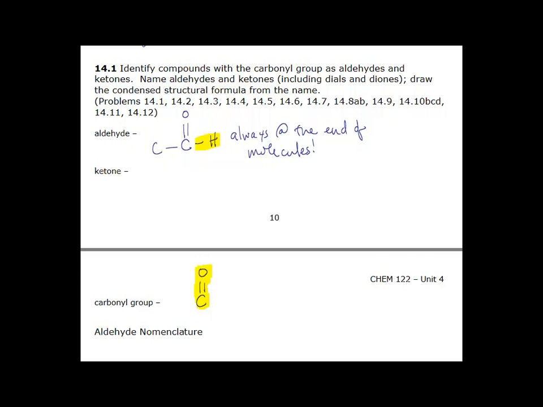Now a ketone, on the other hand, is a C double bond O, so carbonyl, sandwiched between two carbons. So a ketone is always in the middle. So keep that in mind. So both an aldehyde and ketone have carbonyl groups. So the carbonyl we'll see in a few other functional groups in Unit 4.